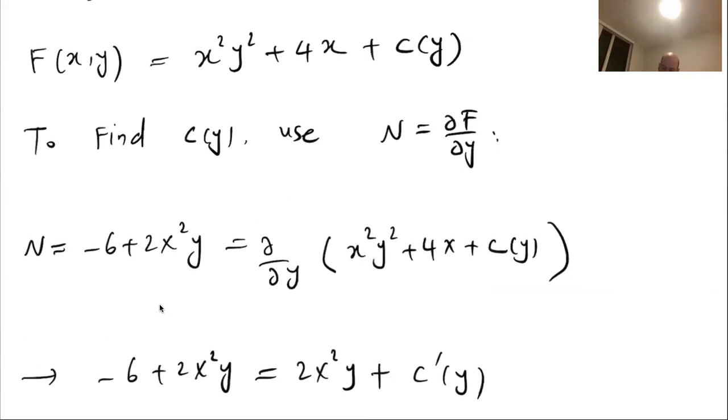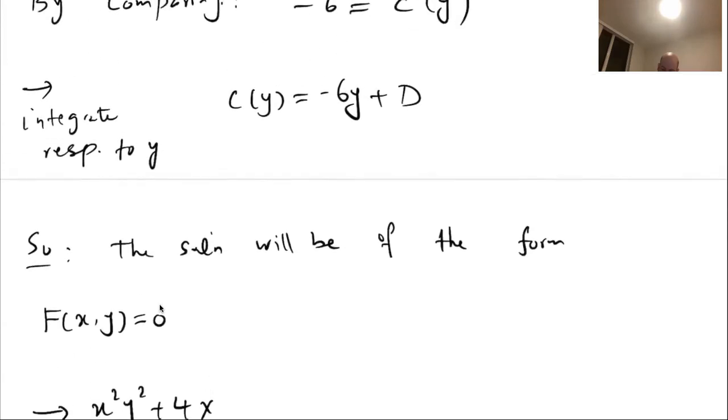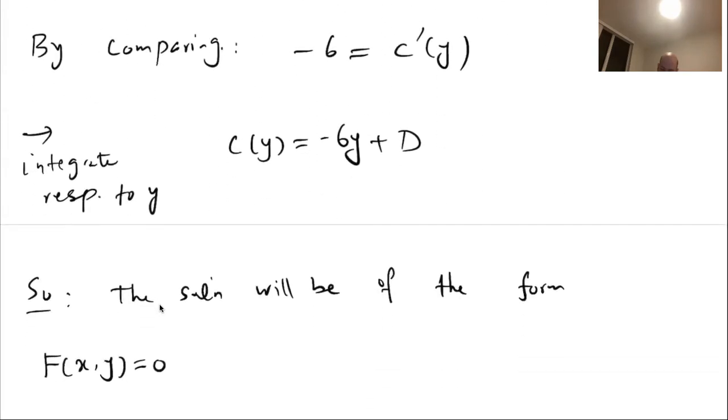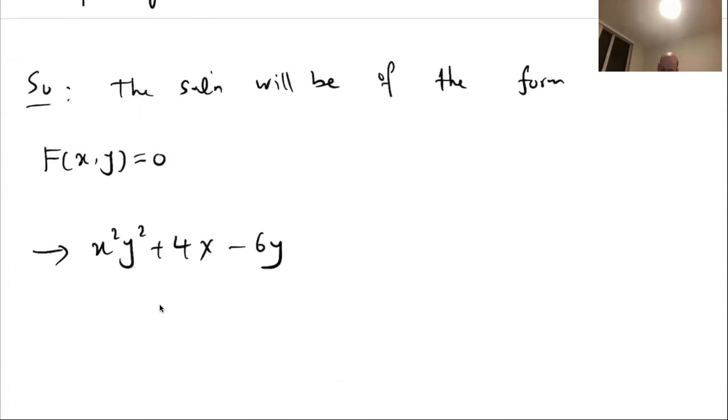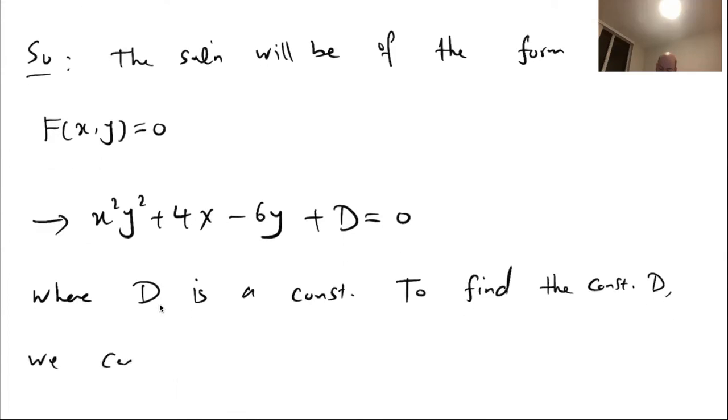So here our solution will be x squared y squared plus 4x minus 6y plus D equals 0, where D is a constant, and finally to find the constant D, we can use the initial condition.